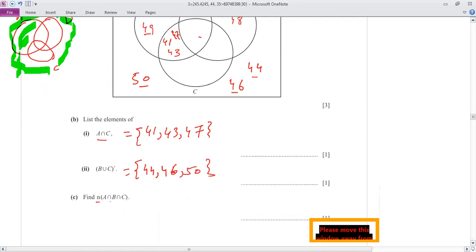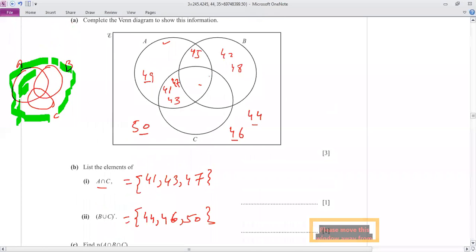And then find the number of elements in A intersection B intersection C. Do we have any elements in the common region for all three? There is no element here. But we also shade A already, yes?